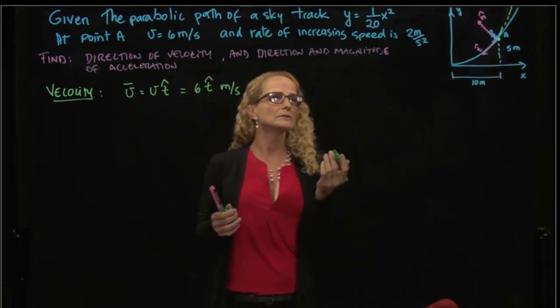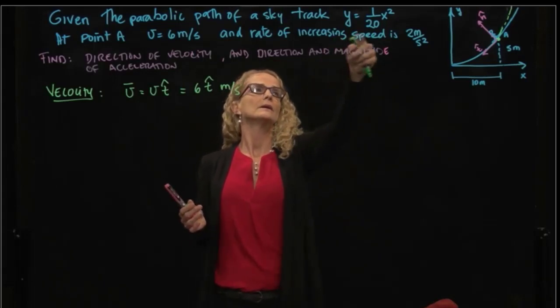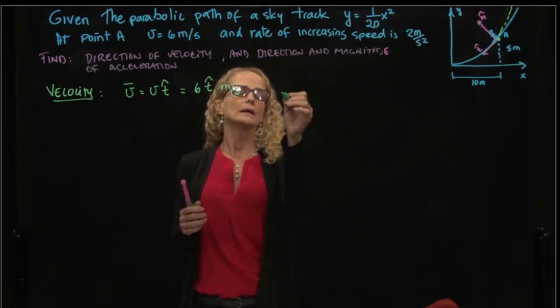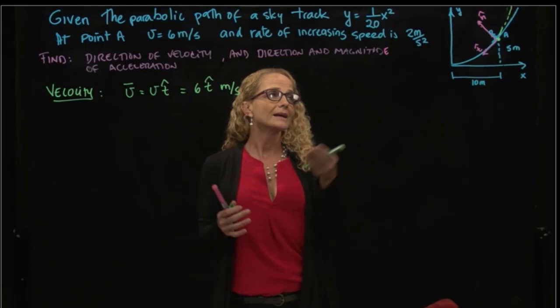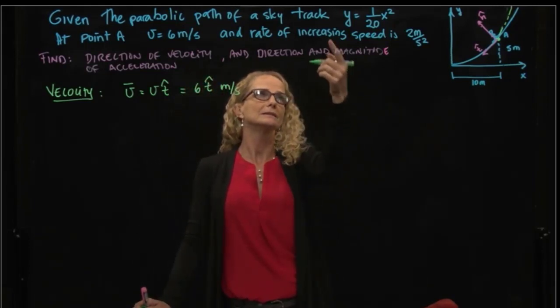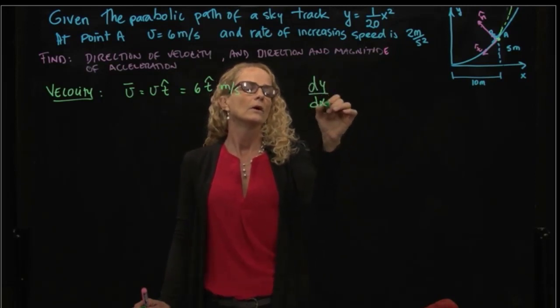How do we find the direction? Well, since it's tangent to that trajectory, and we are given the equation of that curve, we know that the slope or the tangent of that equation is just the derivative. So the tangent will be the derivative of that expression.